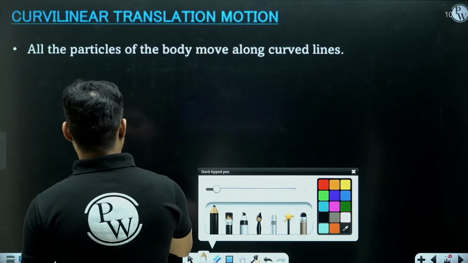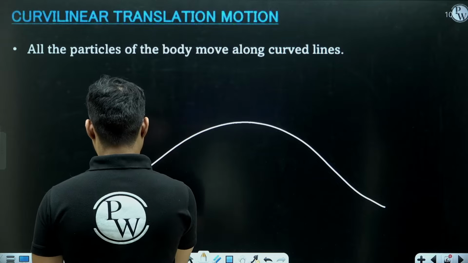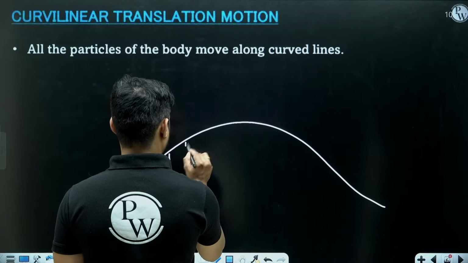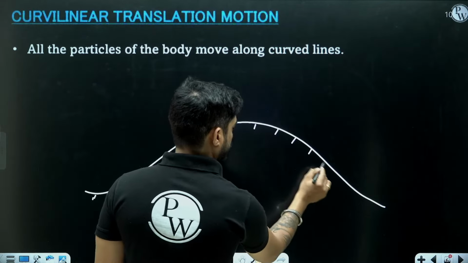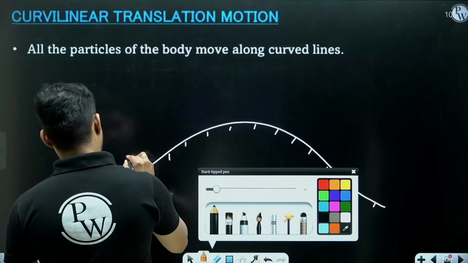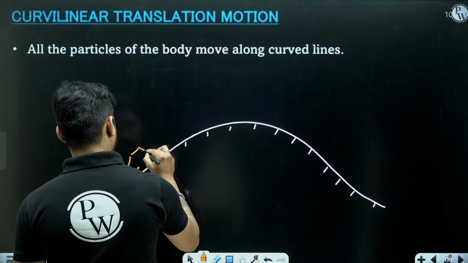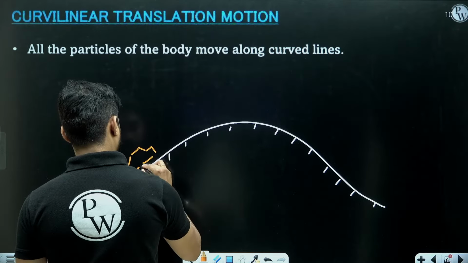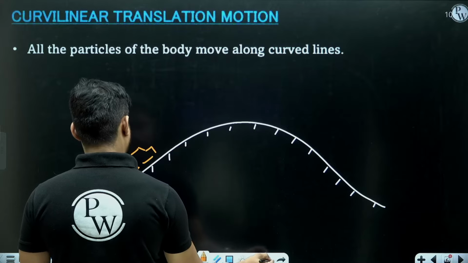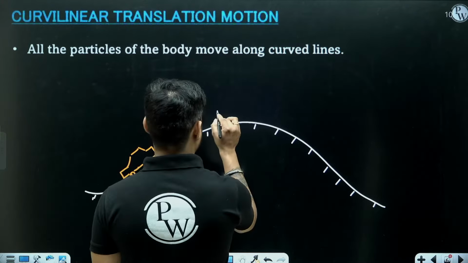So let's say this is the path, and we have a car which is moving on this curved path.